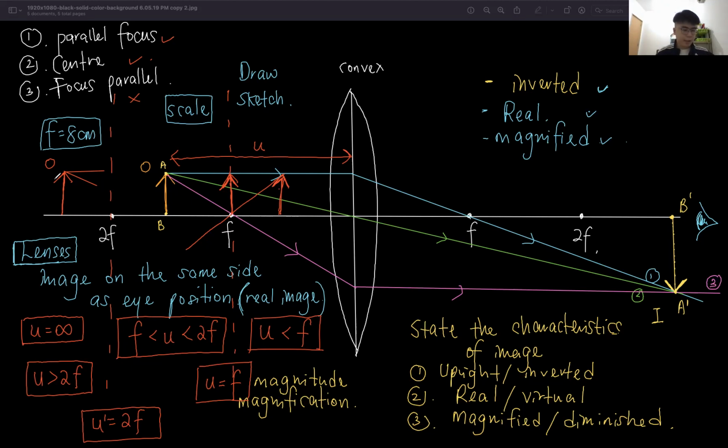Okay, let's go to the concave lens. Drawing ray diagram of a concave lens. Let me erase this.